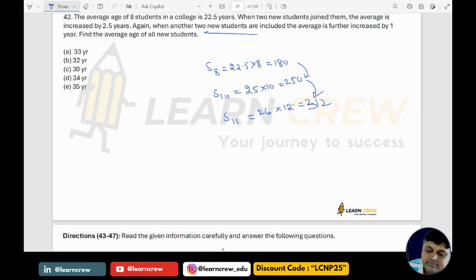So 180 becomes 312. There is an increase of 132 in total because of adding 4. So those 4 persons total is 132. Thereby average is 33. So answer is 33. Next.